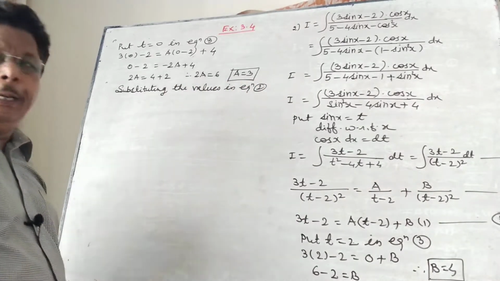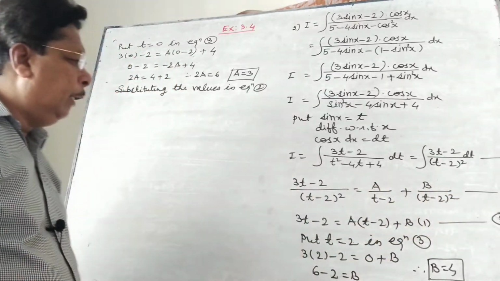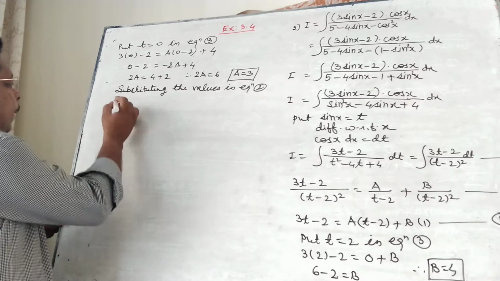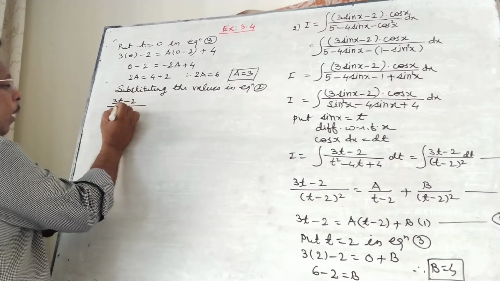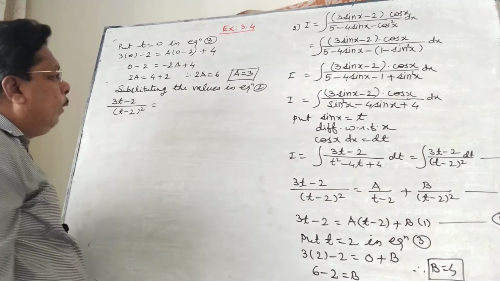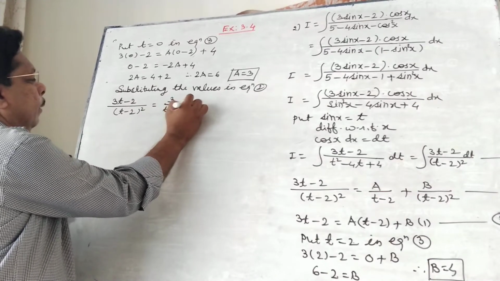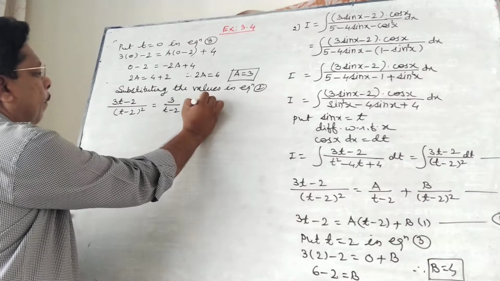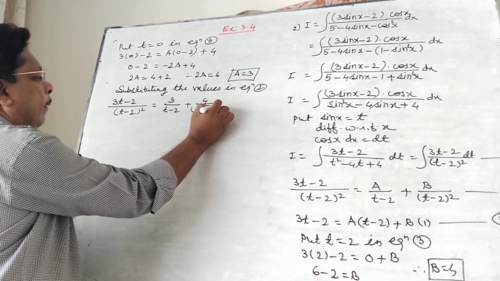Substituting the values of A and B in equation 2. Equation 2 becomes (3t minus 2) upon (t minus 2) whole square is equal to A, A is 3, 3 upon t minus 2, plus B, B is 4, 4 upon (t minus 2) whole square.